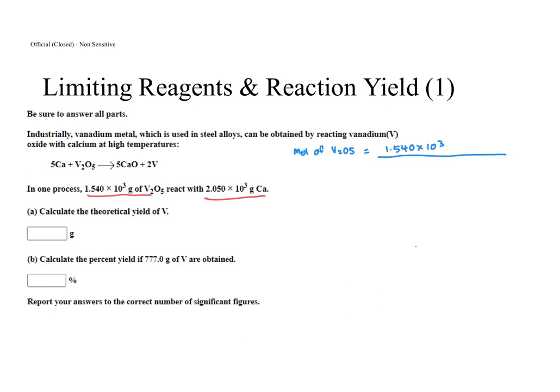For the MR, we can look at the periodic table. So it would be 2 times for vanadium. The atomic mass is 50.942. And for oxygen, atomic mass is 15.999.